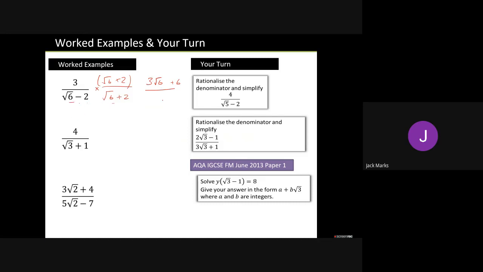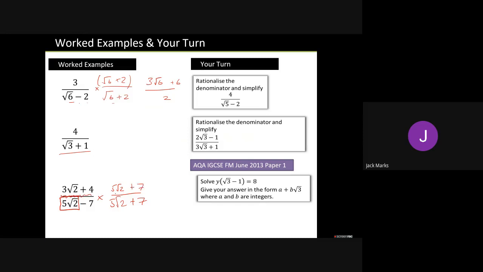And then I will take away this thing squared, so it will be 2, for example. Okay. This one's very much the same. In this situation, we need to keep this part here. Okay. So we're going to be multiplying by 5 root 2, then the sign change. And then you would do the same for the top.